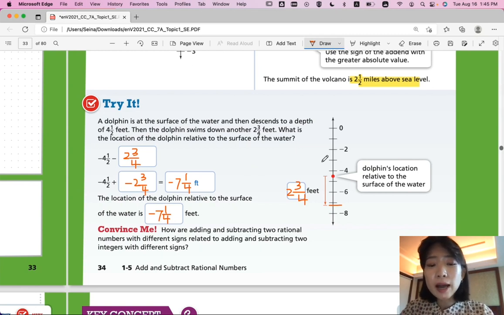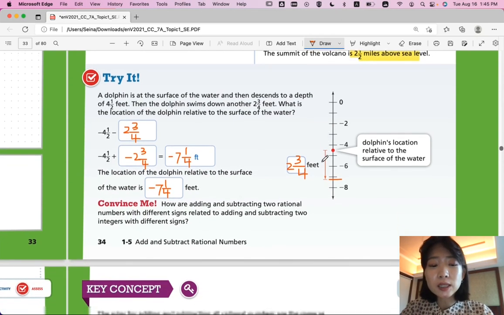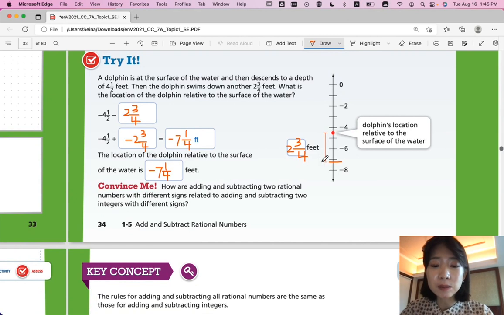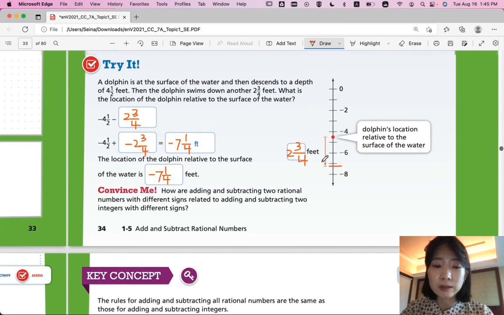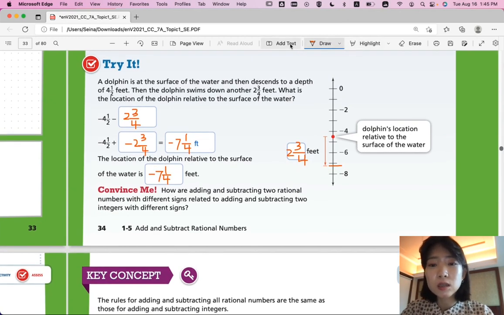Convince me. How are adding and subtracting two rational numbers with different signs related to adding and subtracting two integers with different signs? How is it different? How are they similar? As you can see here, you can change subtraction into addition by adding a negative into your number, right?